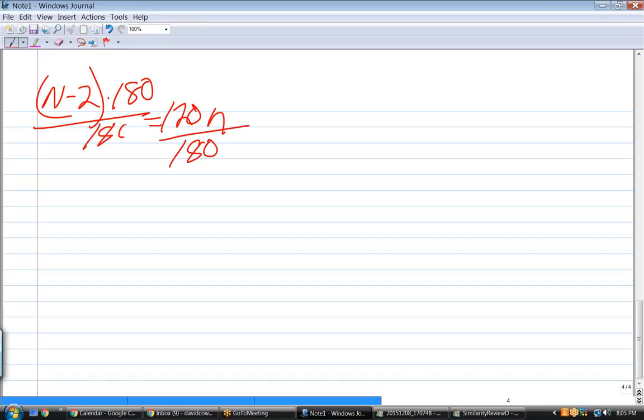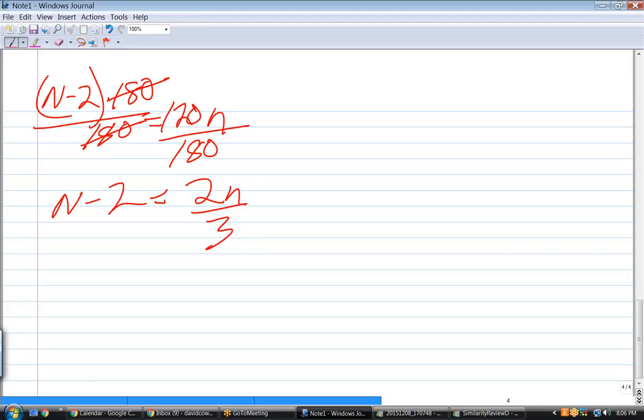Not quite as useful as it was before, but it's still going to save us a step. In other words, it gets rid of that. We don't have to spend the time distributing that 180 to those two terms. Well, 120 over 180 is the same as 2 over 3. So I can reduce that, and I have n minus 2 over there.